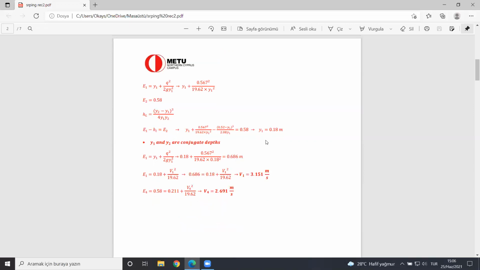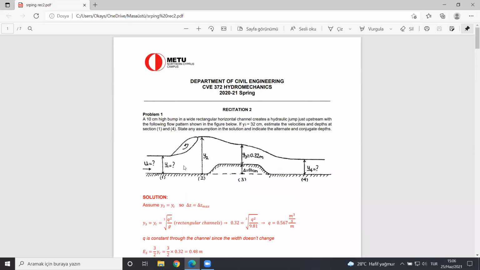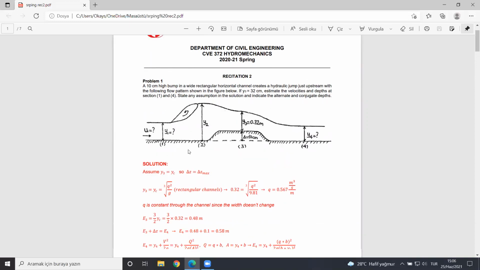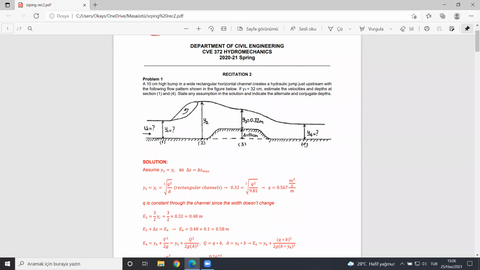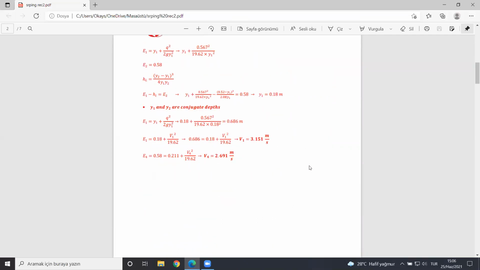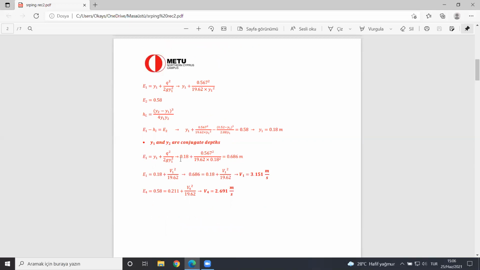Now we need to calculate the velocities, because the question is asking us to calculate velocities. We need to find the velocity at section 1 and the velocity at section 4. If we calculate the energy at section 1, as you know, the energy equation is flow depth plus v squared over 2g, then we can directly calculate this velocity. Let's calculate the energy at section 1, because we calculated y1 and we know small q.